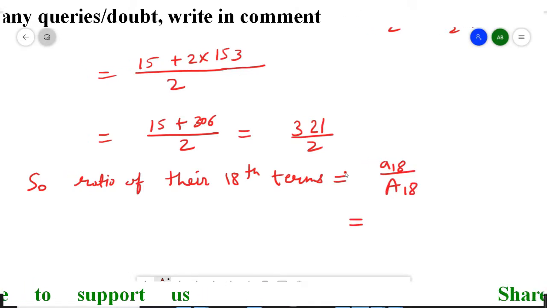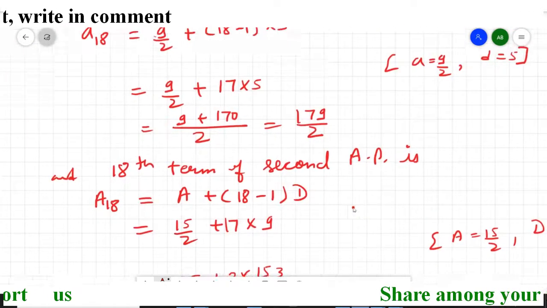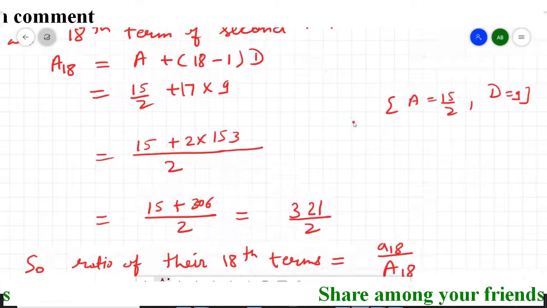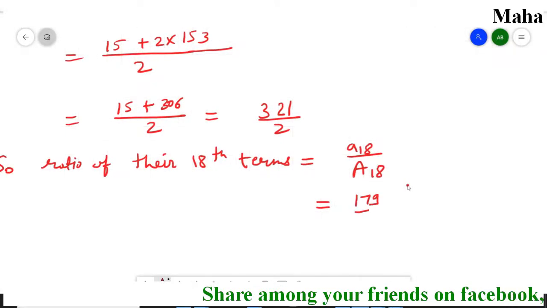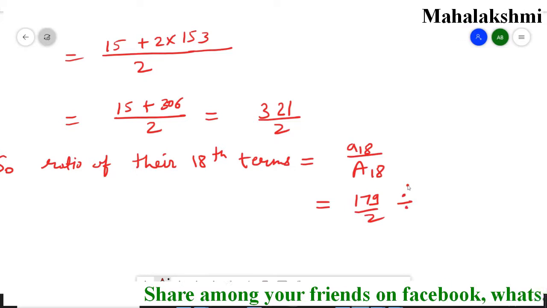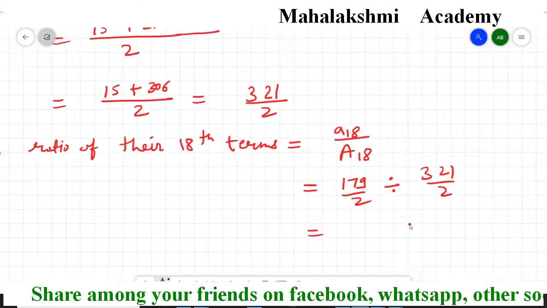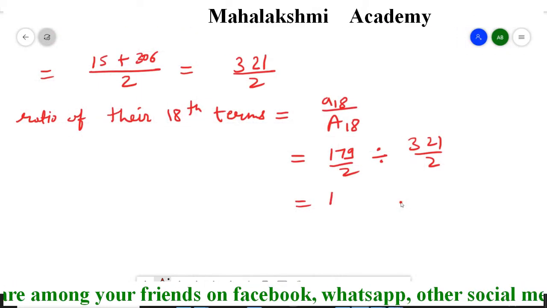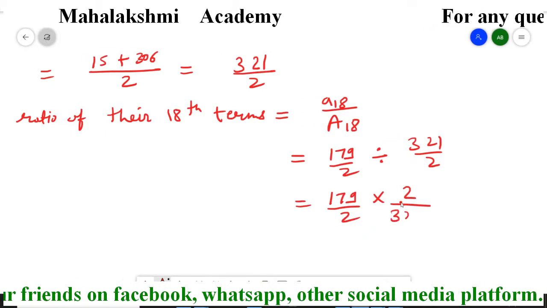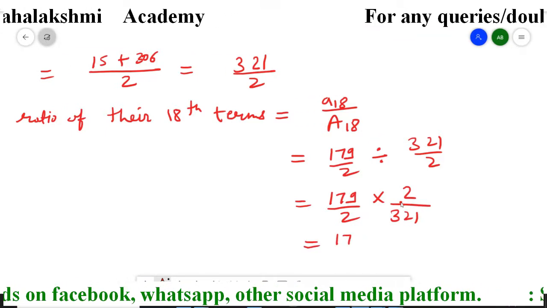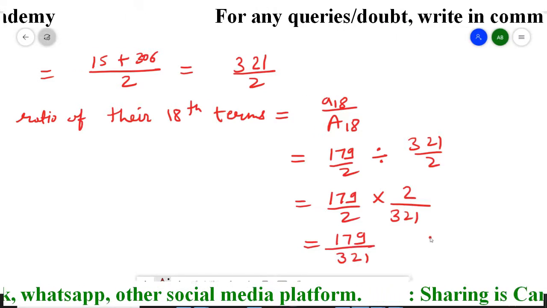The 18th term of the first AP that we calculated is 179 upon 2, so we'll write here 179 upon 2 divided by 321 upon 2. We'll divide the fractions, so that will give us 179 upon 2 multiplied by 2 upon 321. Finally we'll get 179 upon 321. So that's the answer to this question.